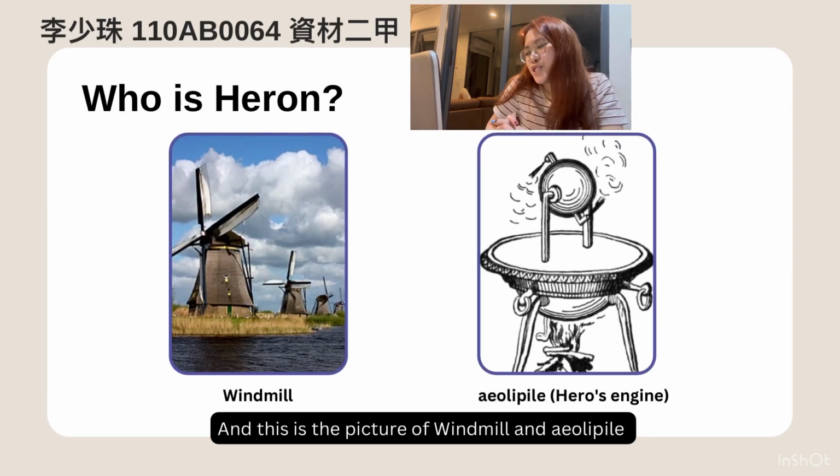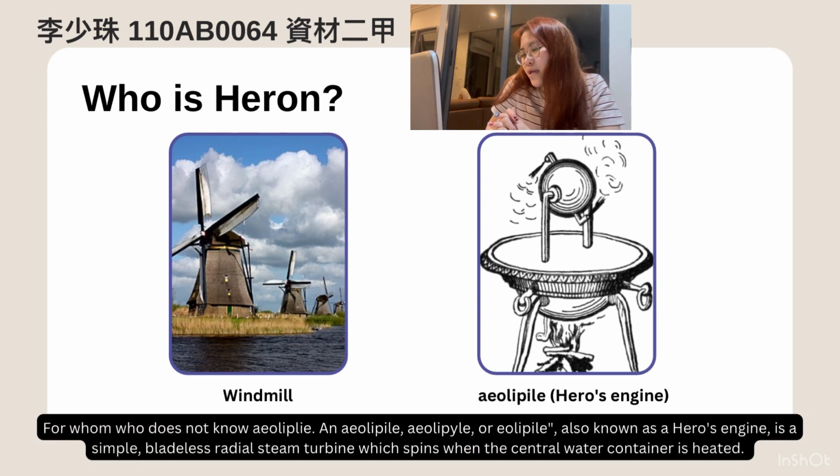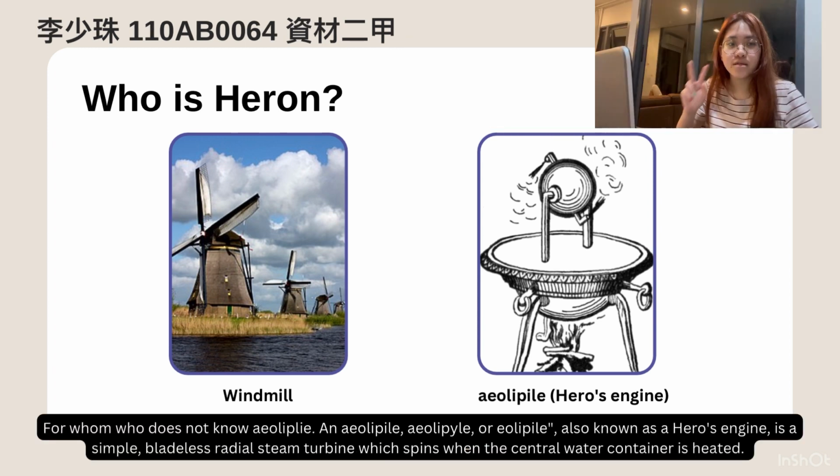And this is the picture of the wind wheel and the aeolipile. For those who don't know, the aeolipile, also known as the Hero engine, is a simple bladeless radial steam turbine which spins when the central water container is heated.